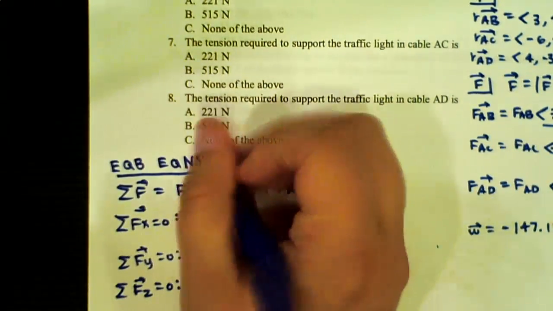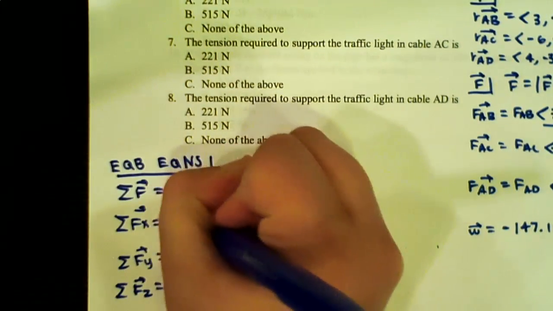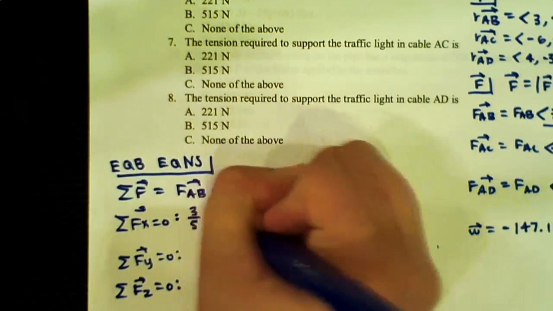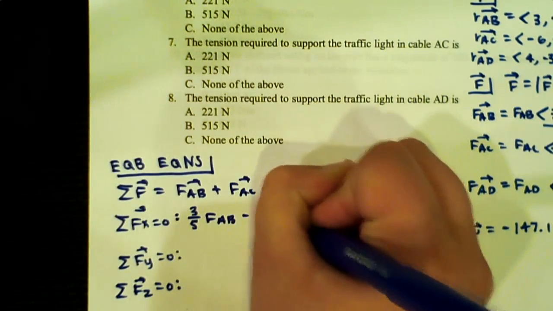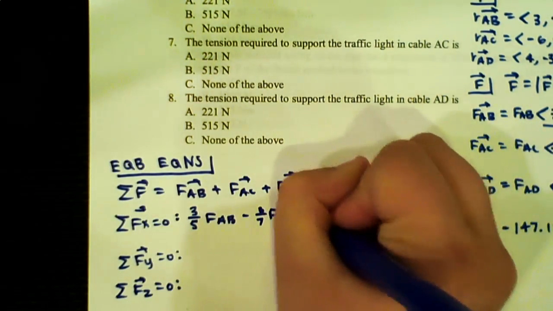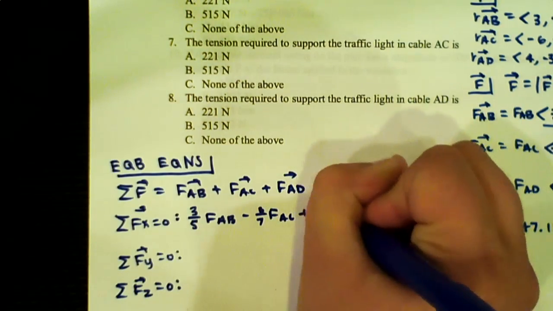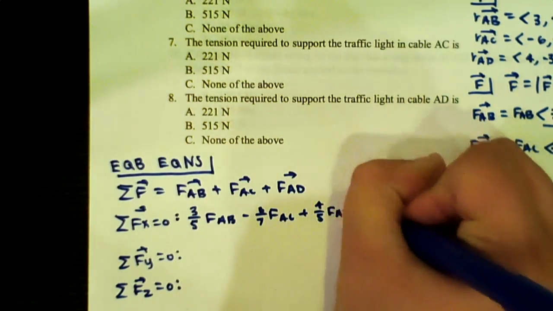So we know that our sum of the forces in the x is going to be 3 over 5 FAB minus 6 over 7 FAC plus 4 over 5 FAD, all equal to 0.